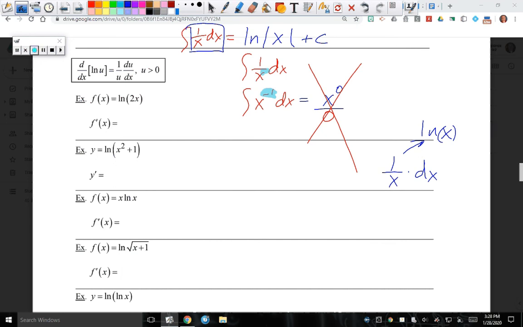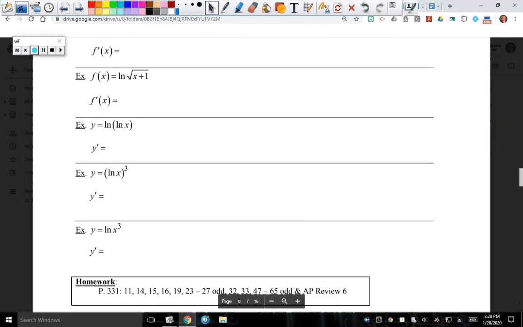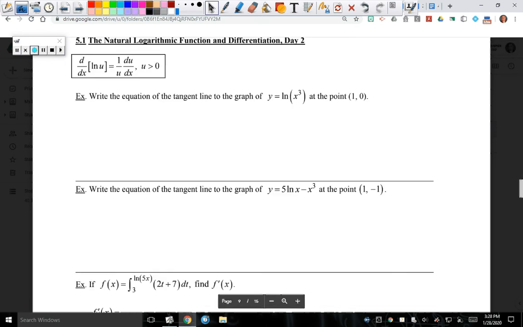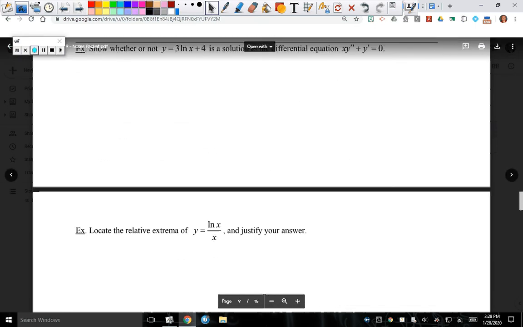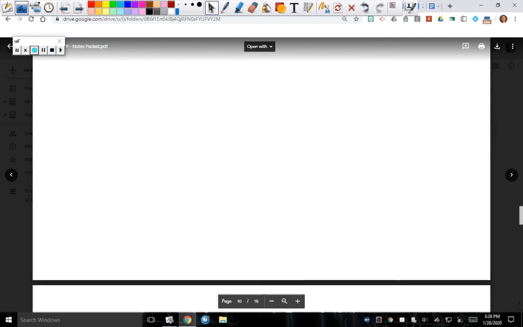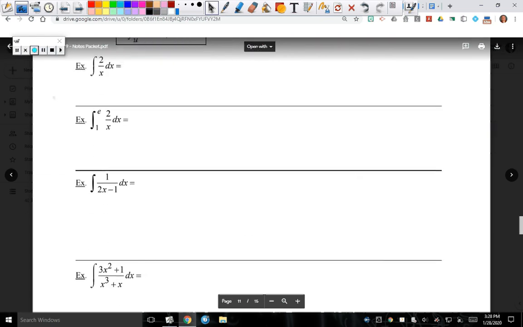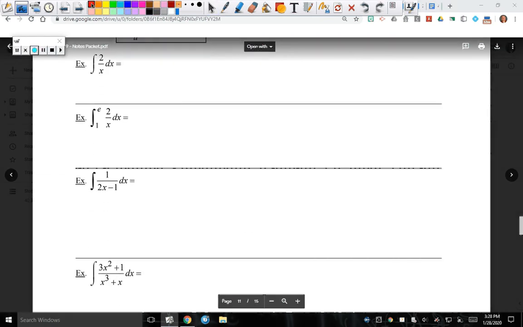Okay? So that was the derivative. So now I'm going to do the integral, which is right here. So let me go to the practice problems that are easier to see. Right here. What's screaming at you right now? Just the fact that it could be a thing since x is on the denominator.